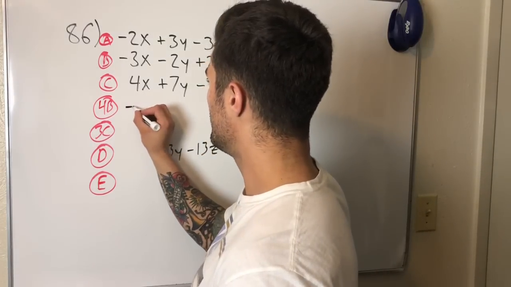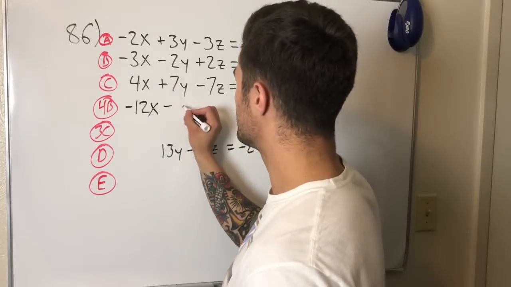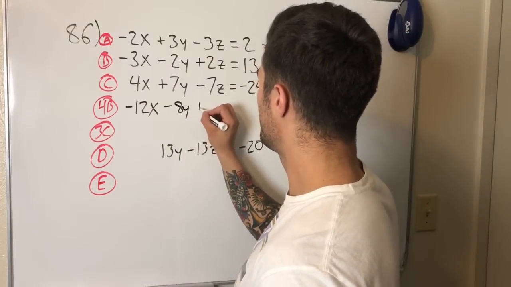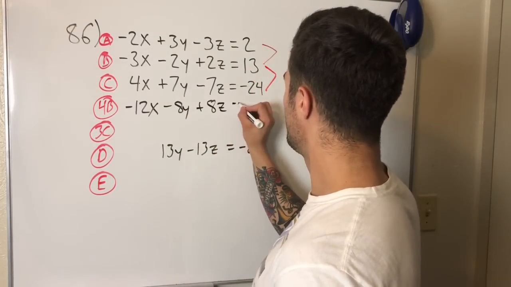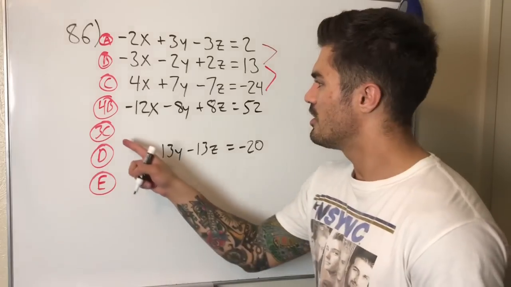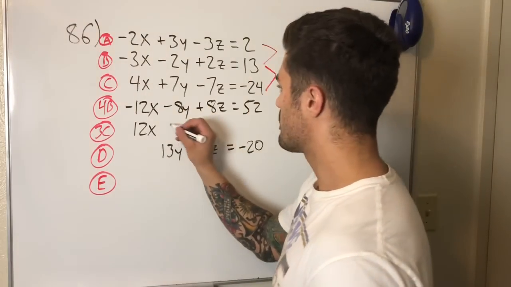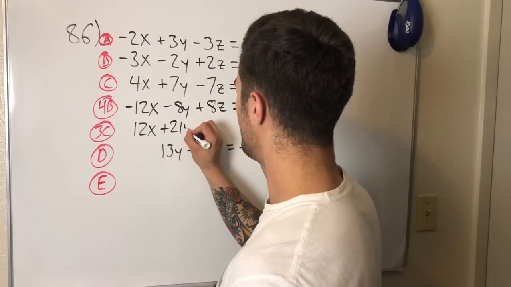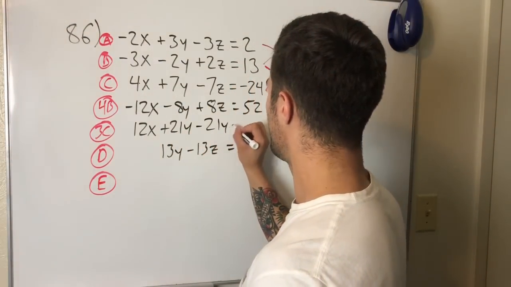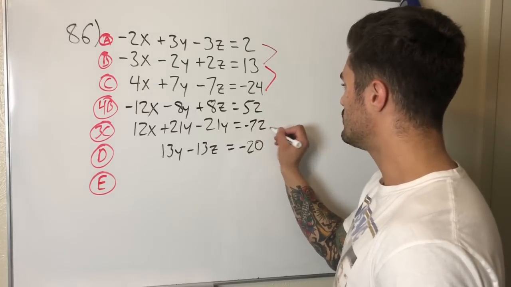So here we have the negative 12x. 4b becomes minus 8y plus 8z equals 4, so that's 52. All right, 3 times c. We have 12x plus 21y minus 21y equals, times 3, negative 72.